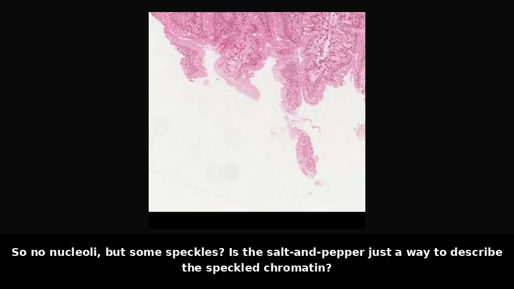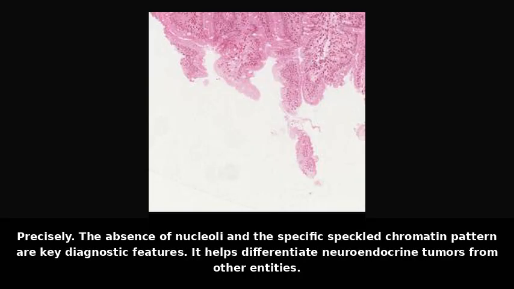Is the salt and pepper just a way to describe the speckled chromatin? Precisely. The absence of nucleoli and the specific speckled chromatin pattern are key diagnostic features. It helps differentiate neuroendocrine tumors from other entities.